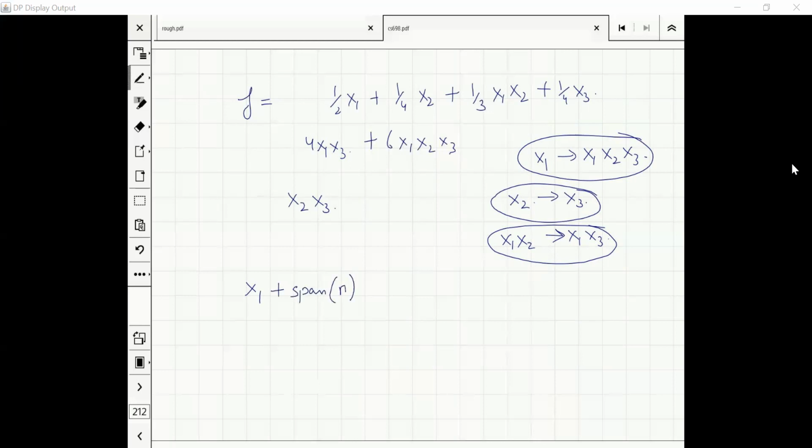These are all the parities which are related to x1, which should be merged with x1. Correct? Again, how to do it algorithmically, don't worry about that. That's not the concern here. But it should be clear that these parities will get grouped together.